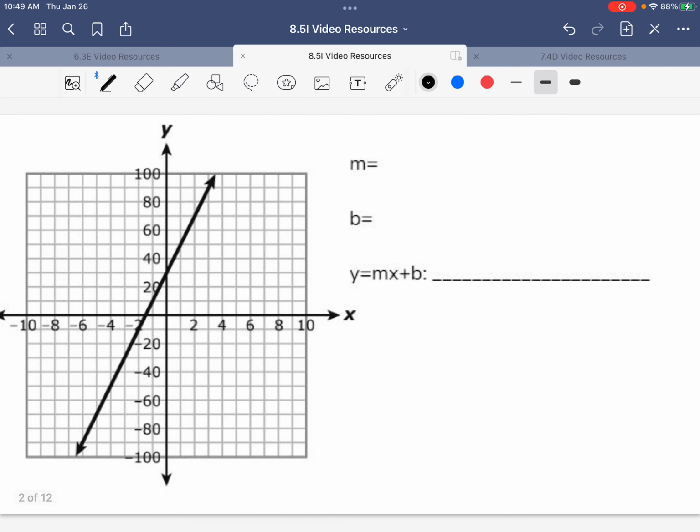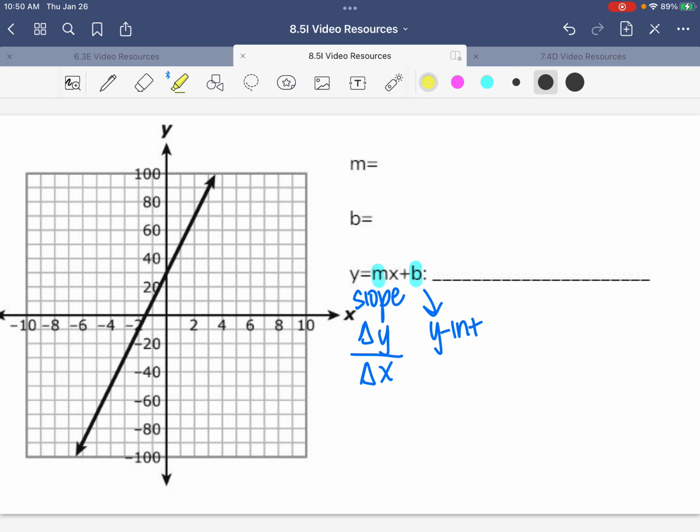So now we have a graph, and it is increasing, which tells me my slope will be positive. I still need to write my equation, which means I need my slope, and I need my y-intercept. Remember, slope is the comparison of change in y to that change in x, and b is the y-intercept, or where it crosses that y-axis.